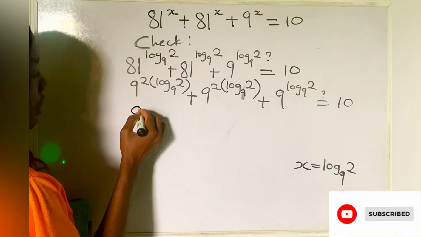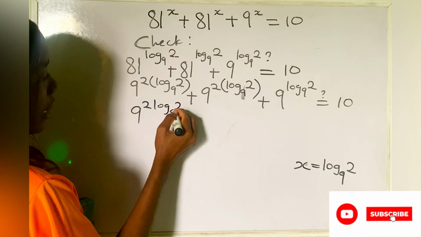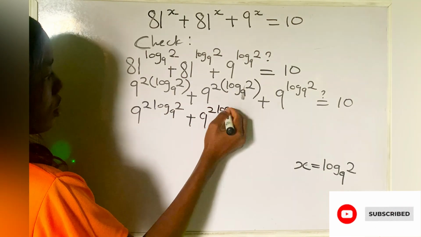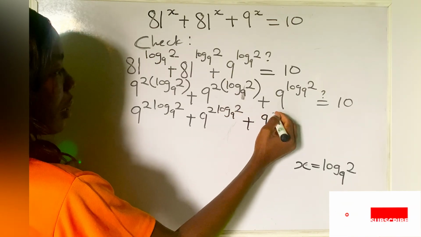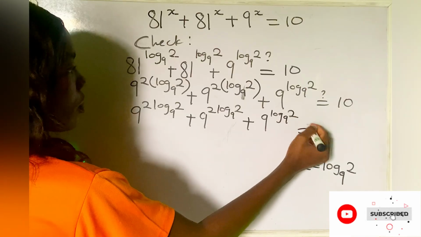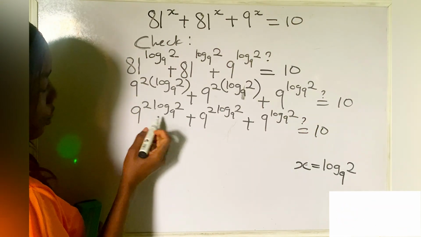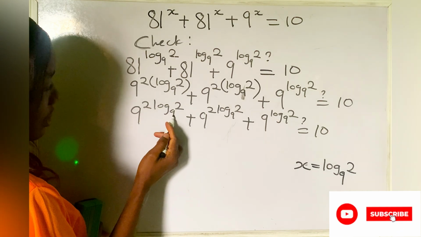So we now have 9 to the power of 2 log 2 base 9, plus 9 to the power of 2 log 2 base 9, plus 9 to the power of log 2 base 9. Is it equal to 10? Now because we want to add, we have 9 to the power of log 2 base 9. This is base 9, this is 9.